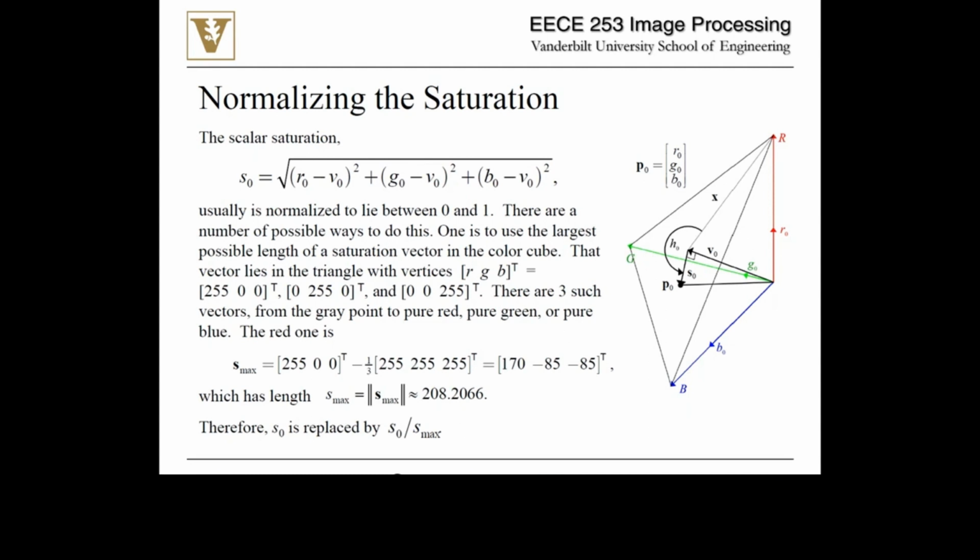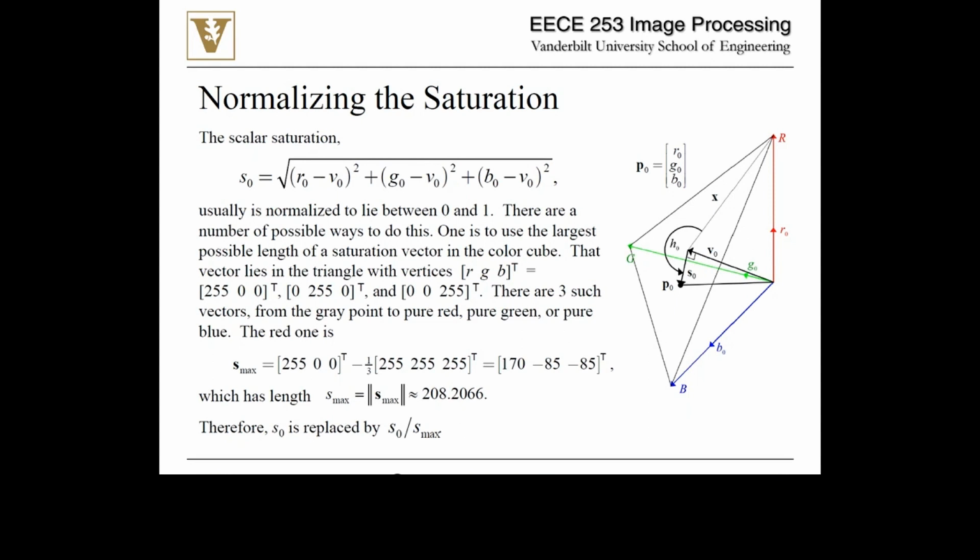And if you compute what is the maximum saturation, it is this, 208. Okay, so you explore all possible saturations that I can have for all the colors in the color cube. And the maximum is obtained for the white. Okay, and the saturation of white is 208. Okay, good.